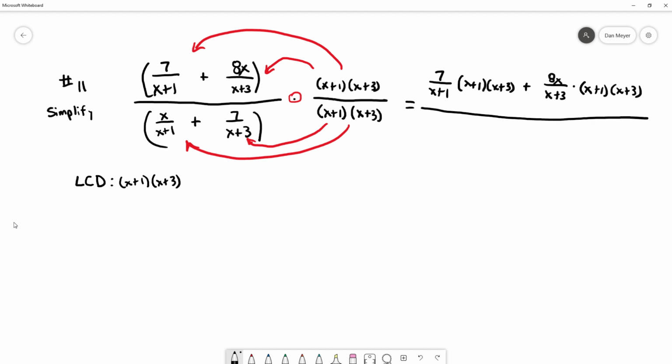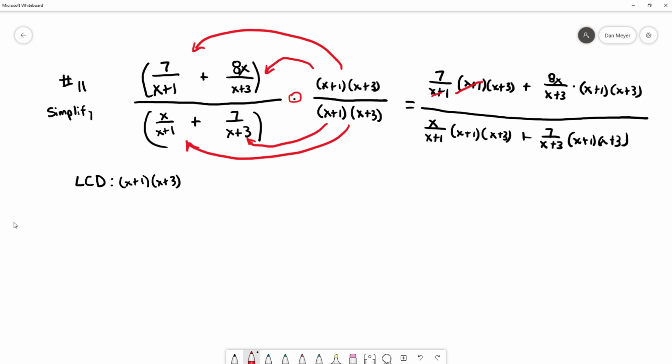When I distribute in the denominator, I have x over x plus 1 times x plus 1 times x plus 3, plus 7 over x plus 3 times x plus 1 times x plus 3. Now there's lots of cancellation. We're just going to go ahead and do this all here.